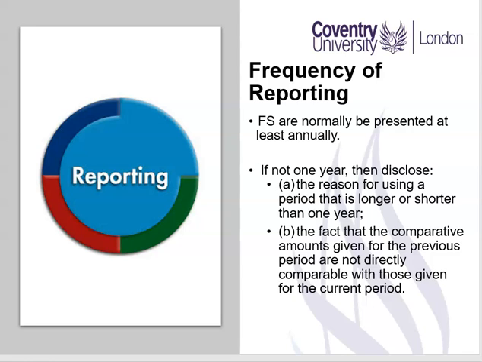The reason for using a period that is longer or shorter than 1 year. And 2, the fact that the comparative amounts given for the previous period are not directly comparable with those given for the current period. So that must be explained to give users some understanding as to why it is not for a full year. And of course, whether certain adjustments need to be made to the comparative figure to make them comparable.